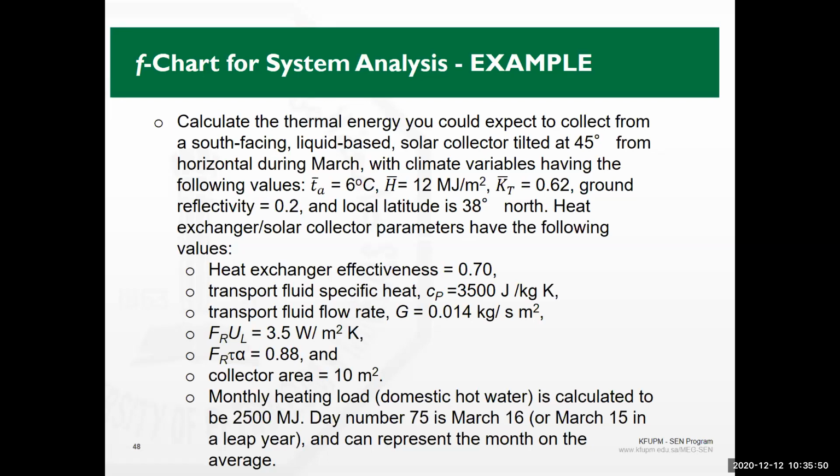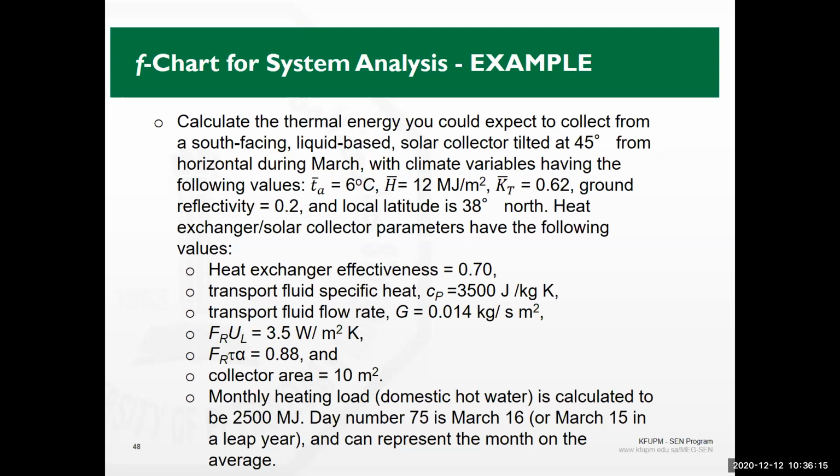The heat exchanger and solar collector parameters have the following specifications. The heat exchanger effectiveness is 0.7. Cp of the heat transfer fluid is 3500 joules per kilogram Kelvin. Transport fluid flow rate, G, is 0.014 kilogram per second for every meter square.